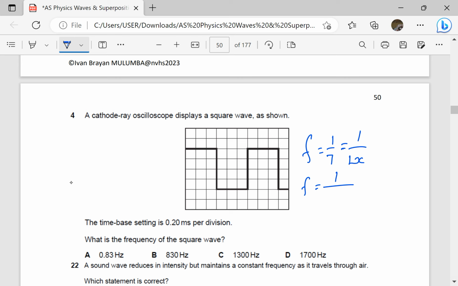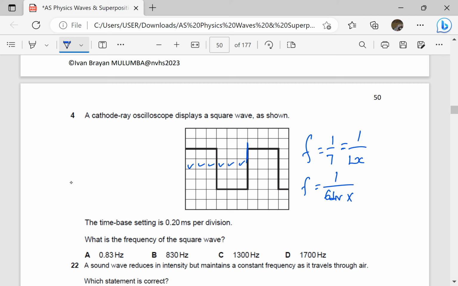If 1 cycle starts from here, it stops there. This is a second cycle. So this is 1, 2, 3, 4, 5, 6. So 1 cycle is represented by 6 divisions. So L is going to be 6 divisions.